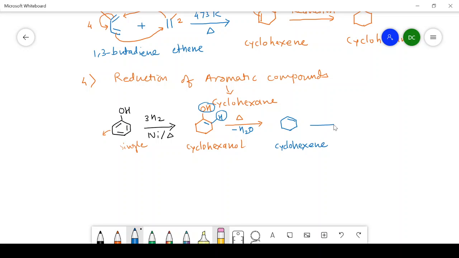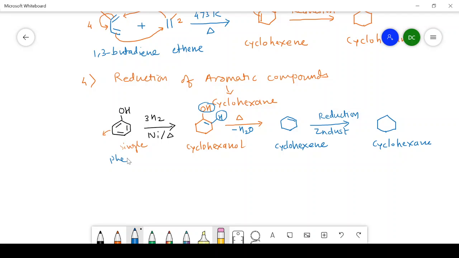Now, this cyclohexene again undergoes reduction in presence of zinc dust and it will form a cyclohexane. In this way, we get a cyclohexane from phenol.